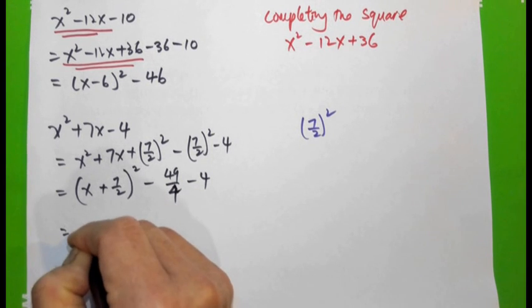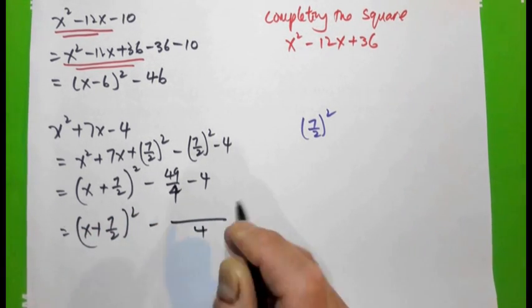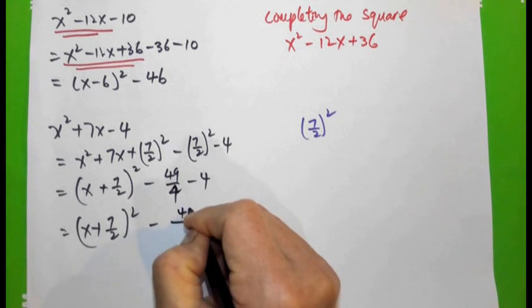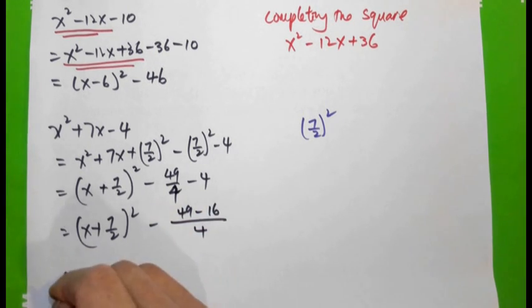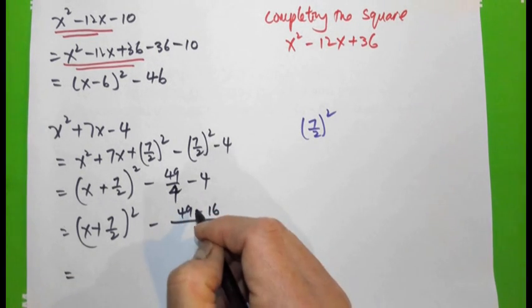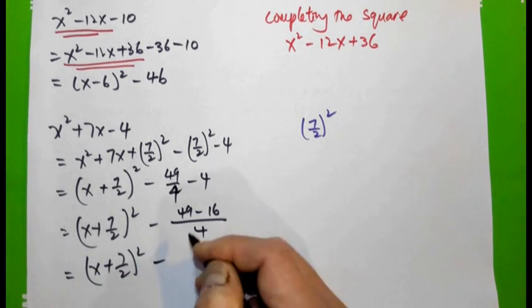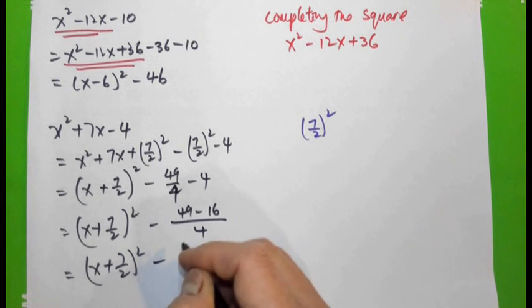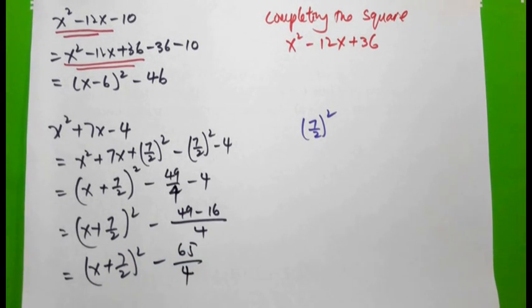That is x plus 7 over 2 squared minus, bring it to the same denominator, 49 minus 16. That actually gives us x plus 7 over 2 squared minus 65 over 4. So that is the answer for that.